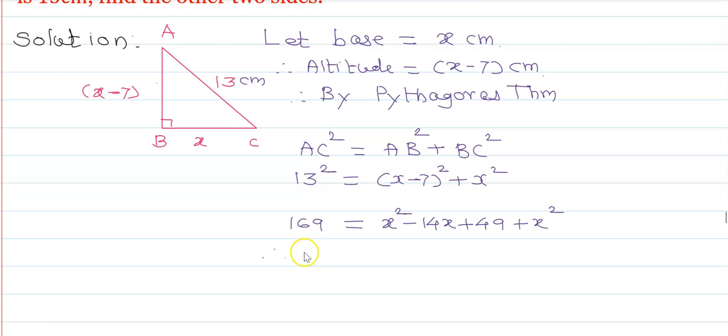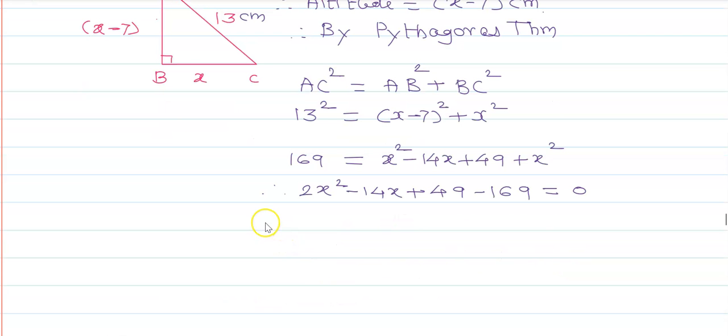Therefore, we can write it as x square plus x square, that is 2x square minus 14x plus 49 minus 169, and that's equal to 0.